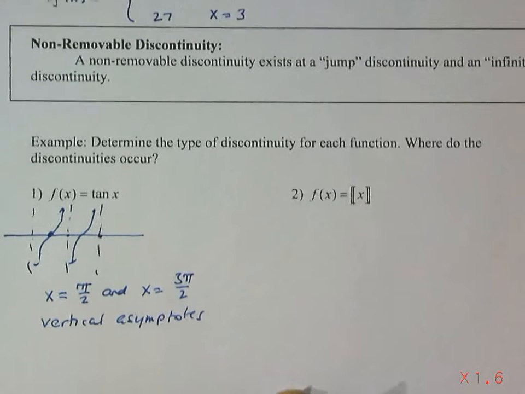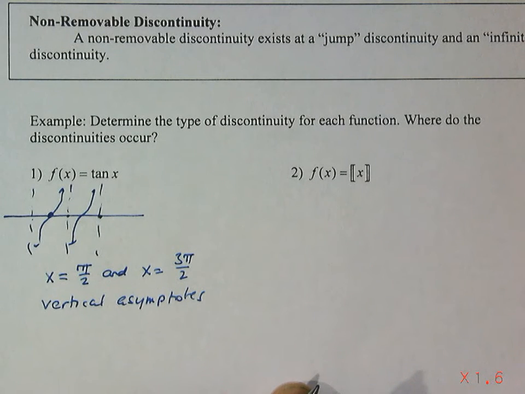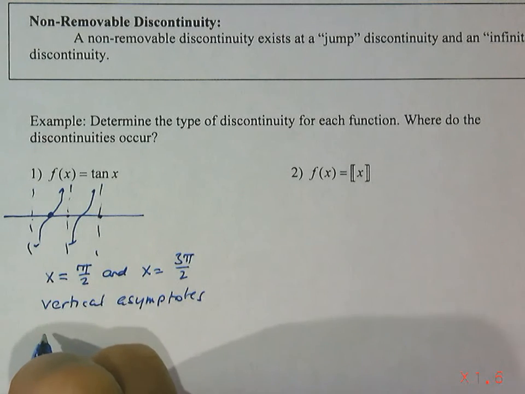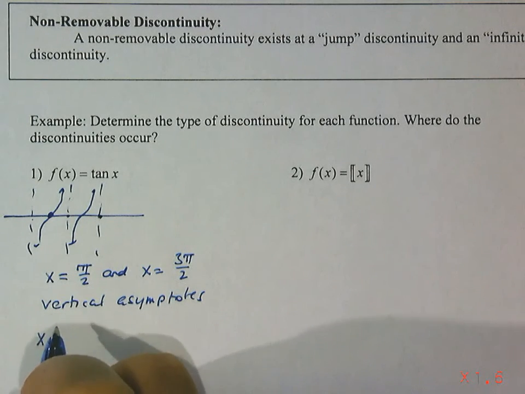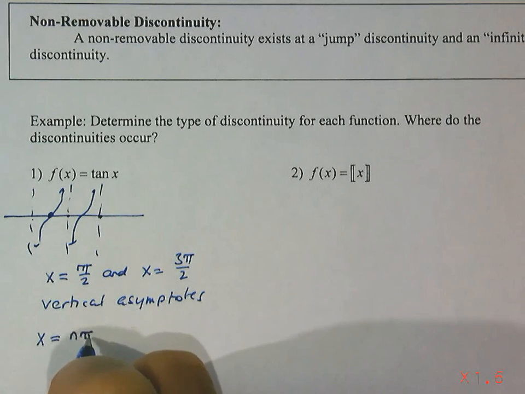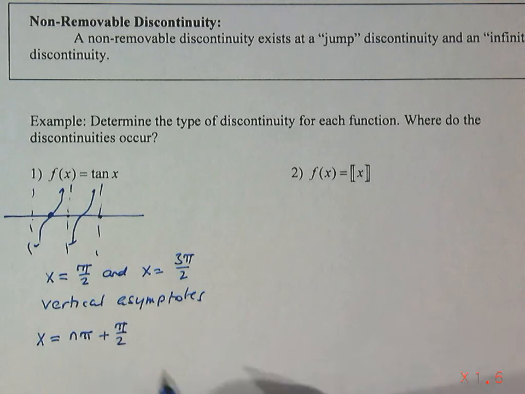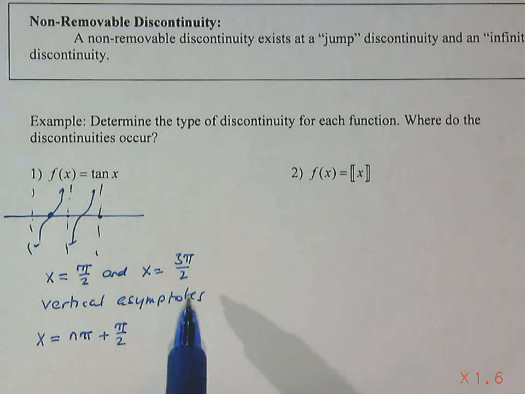I cannot fix that. I cannot replace that value with anything to make it continuous. So in our textbook, it would be x equals n pi plus pi over 2. All the multiples of pi over 2 have a discontinuity of a vertical asymptote.